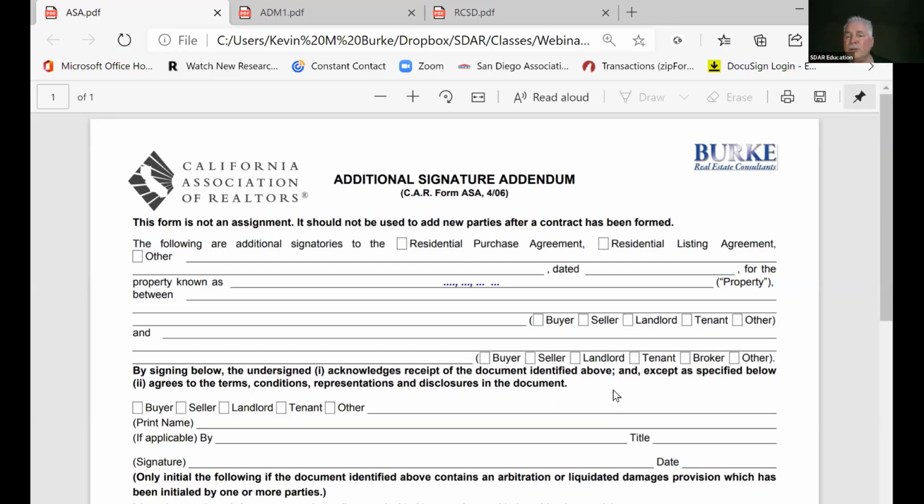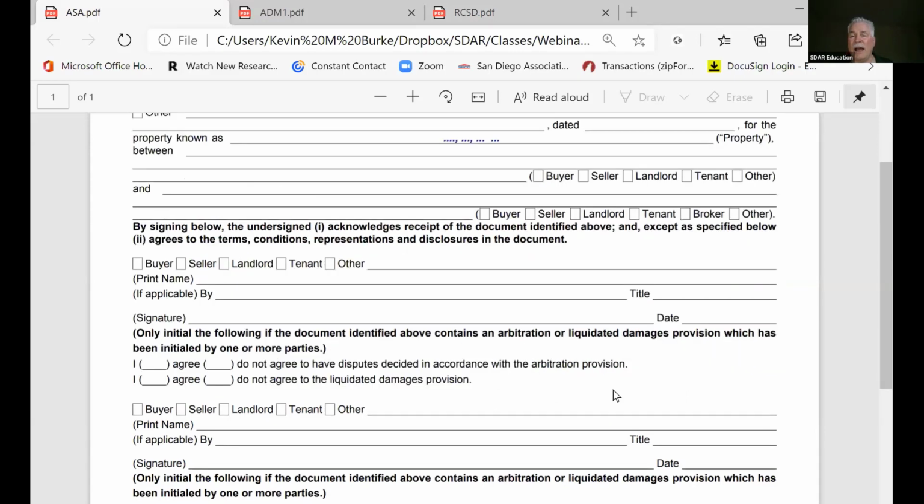Okay, and I do want to make sure that I have the form, because when it comes to liquidated damages, I'm going to have all 3 of them initial. I know there's only spaces for 2, but I'm going to put a third right next to it. It's obvious. Or if there's 4, I'm going to have 1, 2, 3, 4 all on the contract.